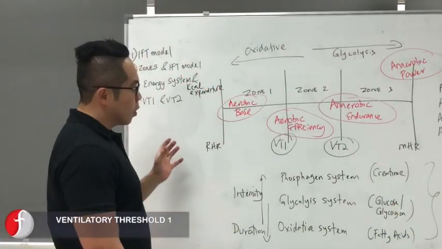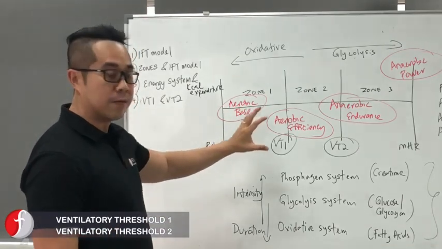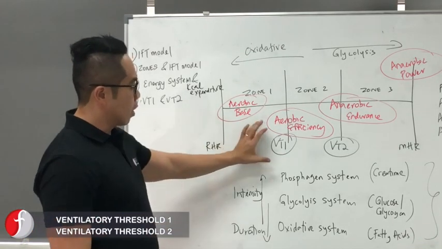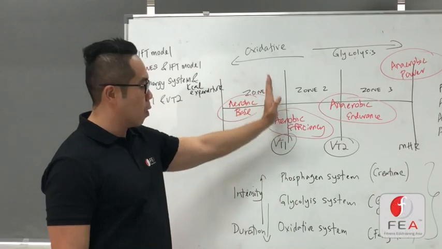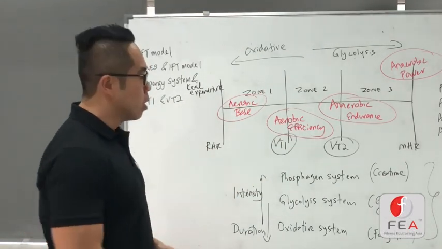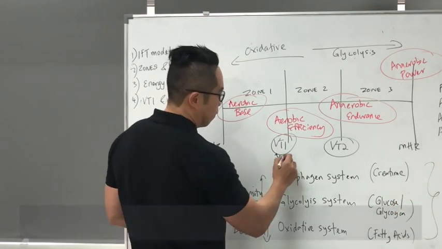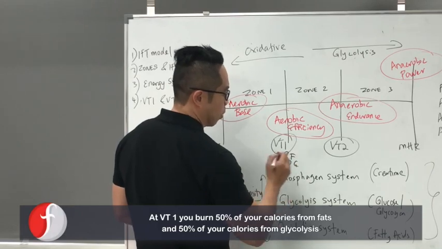Now, if you look at these zone models, ACE came out with VT1 and VT2. Let's understand a little bit more. There's a separator between zone 1 and zone 2. We call it VT number 1. VT number 1 is something very special. At VT1, you burn 50% of your calories from fats, 50% from glycolysis.